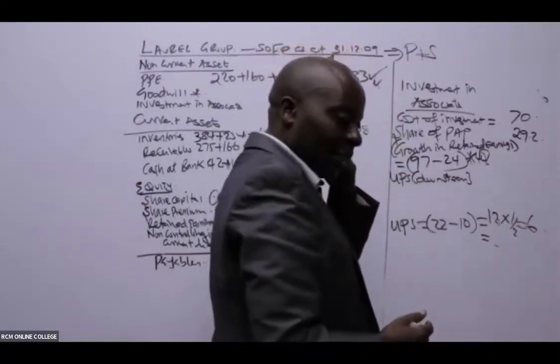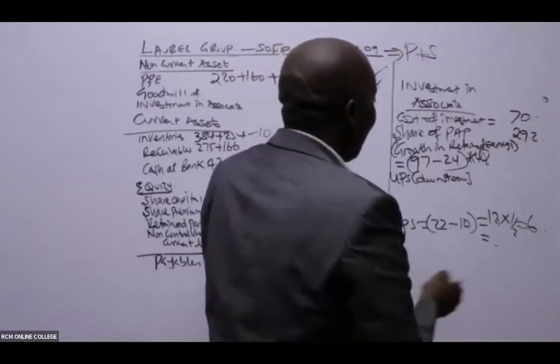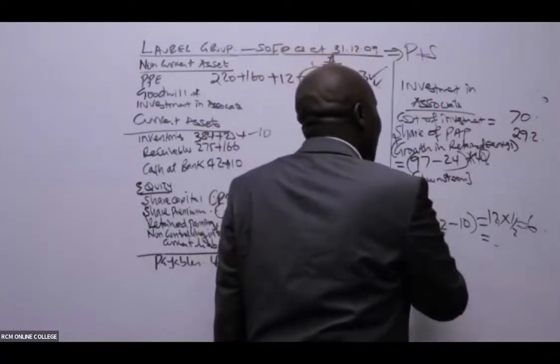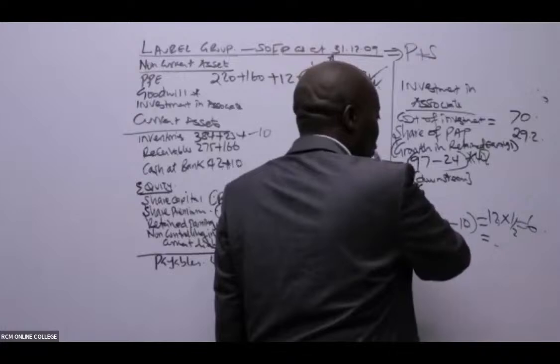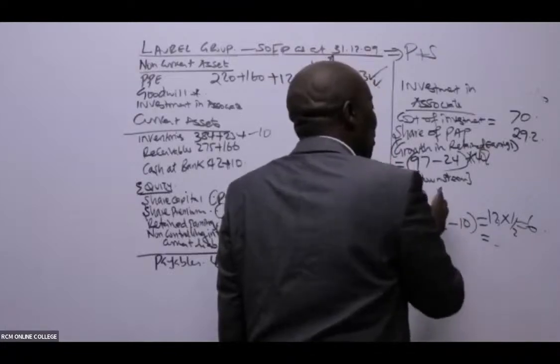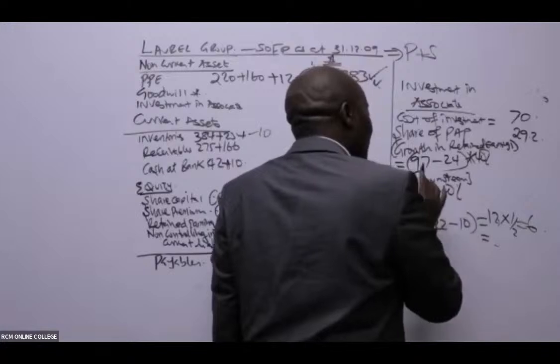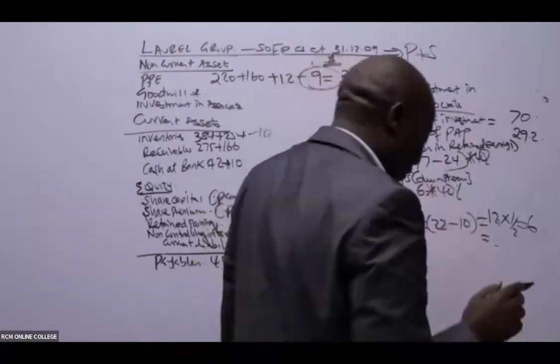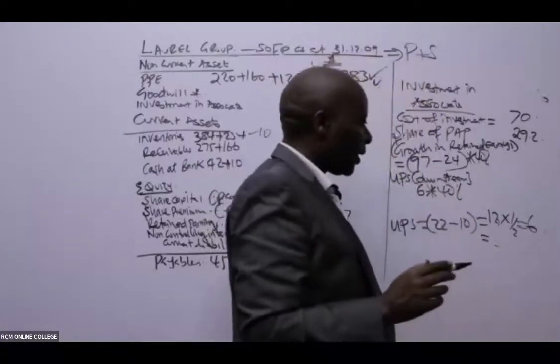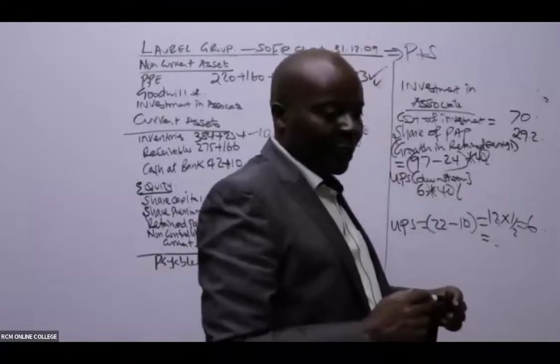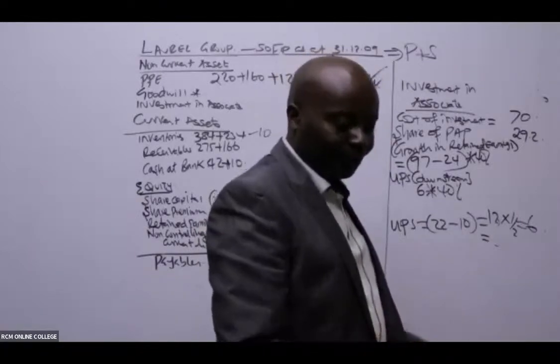So UPS is 6. But now remember, we only take our share. You take 6 times 40%. So 6 times 40% gives me what figure?